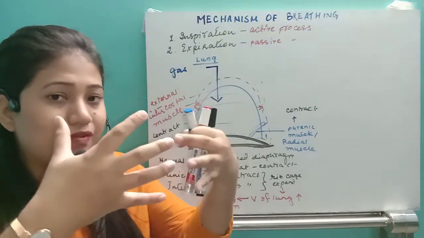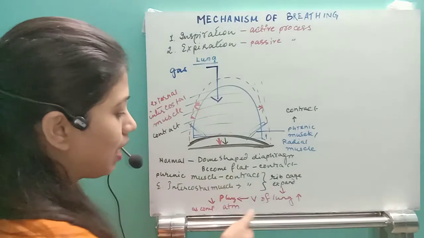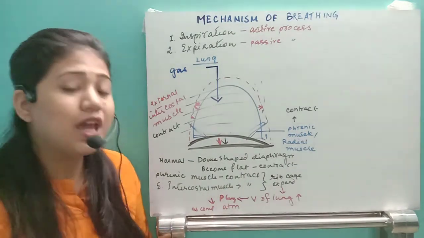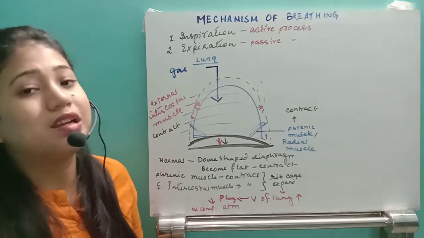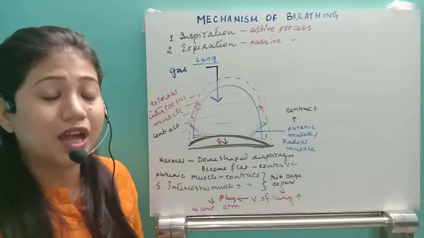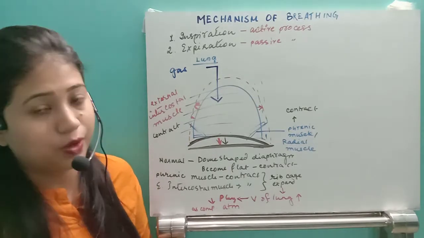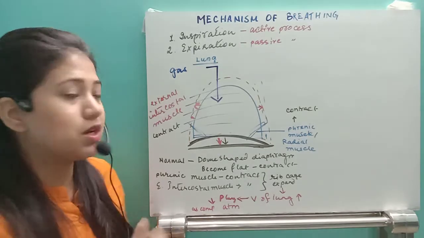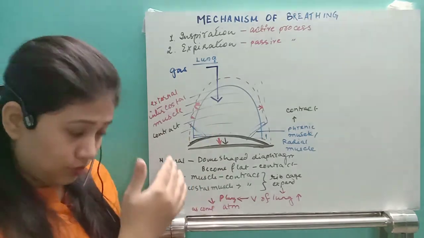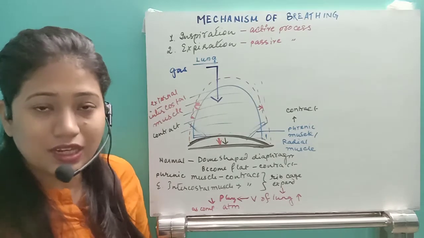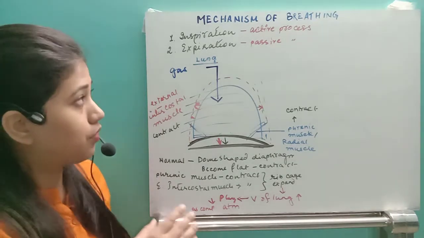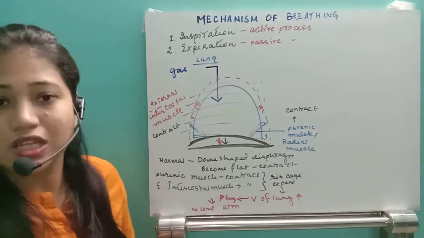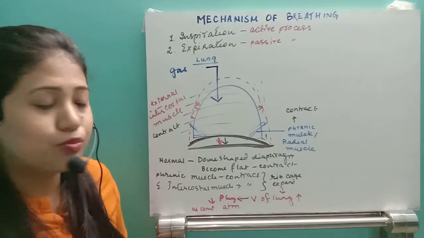The volume of the lung will increase, leading to a decrease in the pressure inside the lung as compared to the atmosphere. So whenever we inspirate, the gas enters via the respiratory tract inside the lung. The first step, inspiration, is completed, as it is an active process.